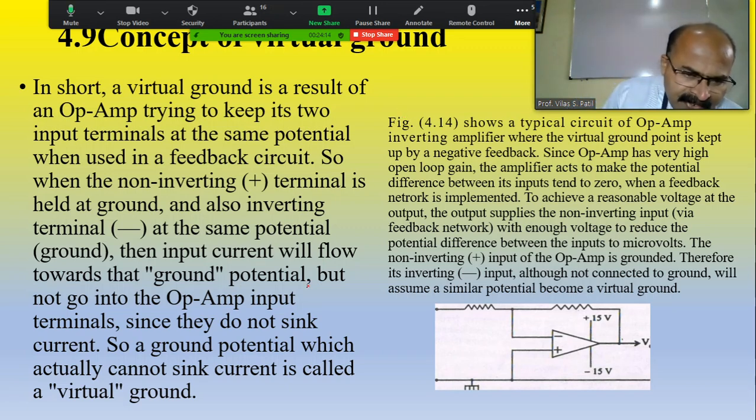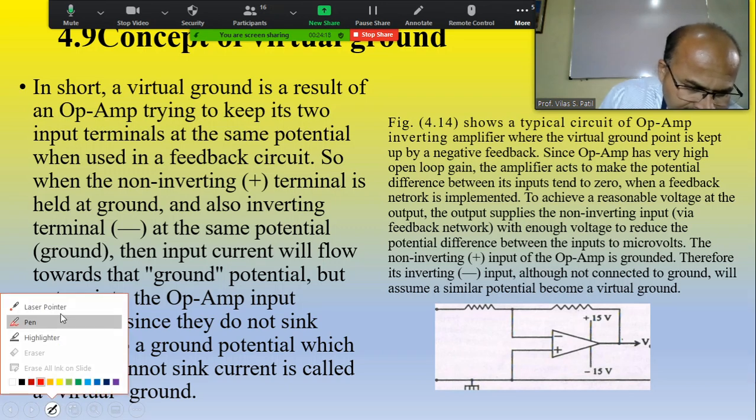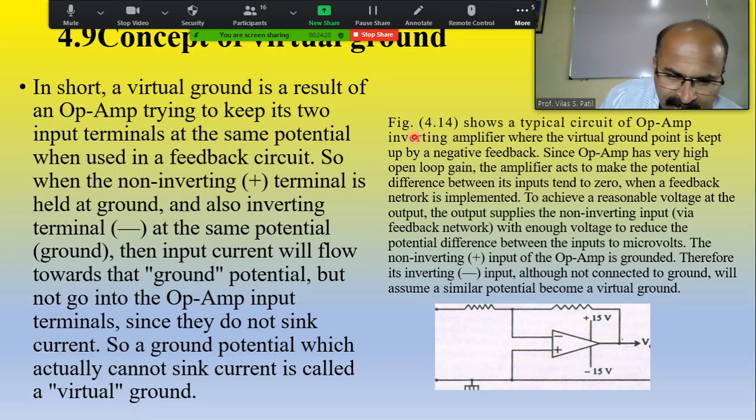Here we come to the next figure, and that next figure is very essential. Figure 4.14 shows a typical circuit of an operational amplifier. This is the typical circuit of an operational amplifier, the inverting amplifier.